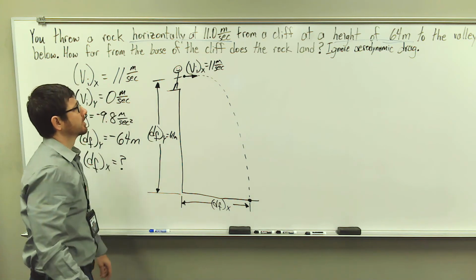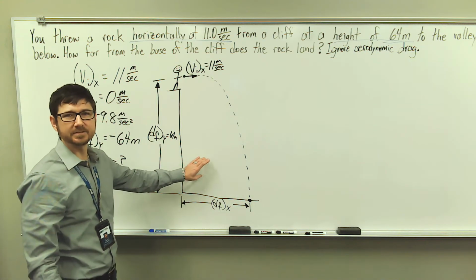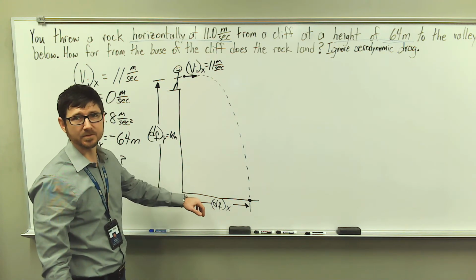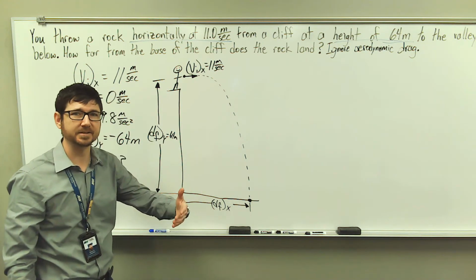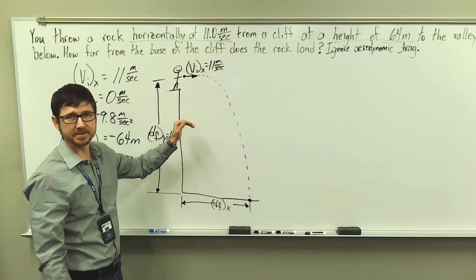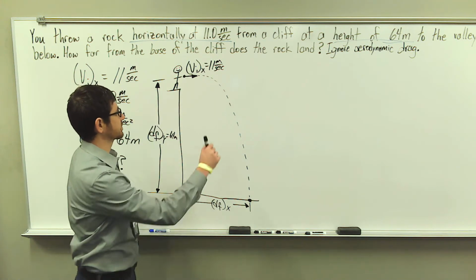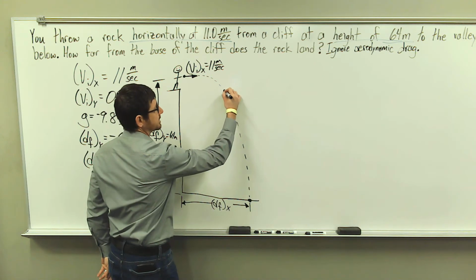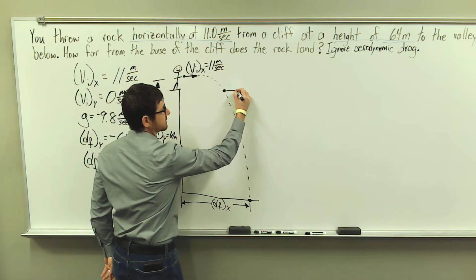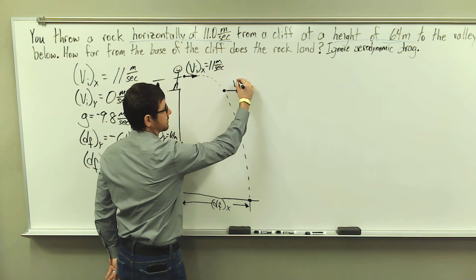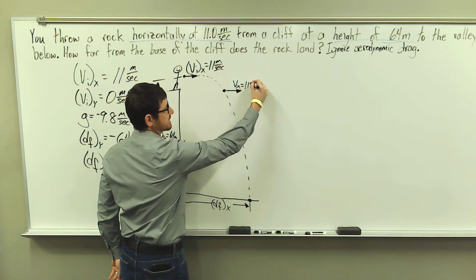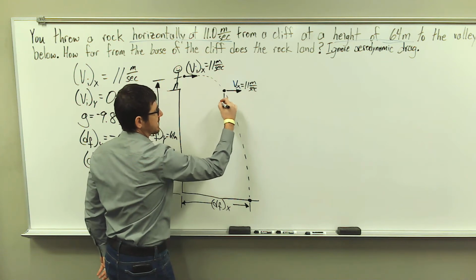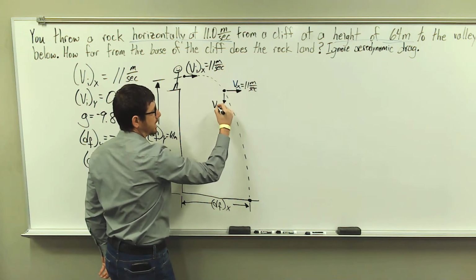Okay? All right, so the first thing we need to do is calculate the final velocity in the y direction in order to calculate the time that the rock is in the air. So since the rock is going to accelerate in a negative y direction, when we draw our vectors, velocity in the x direction is 11 meters per second. We now have velocity in the y direction.